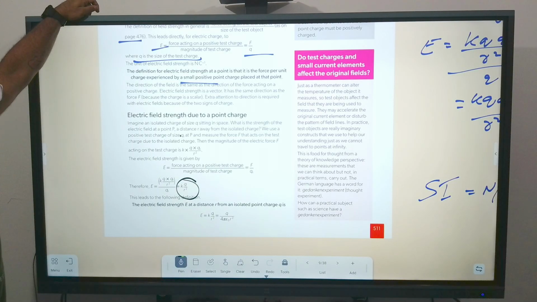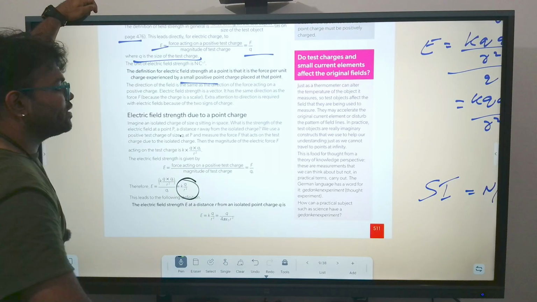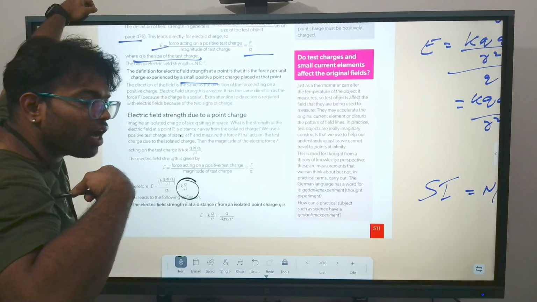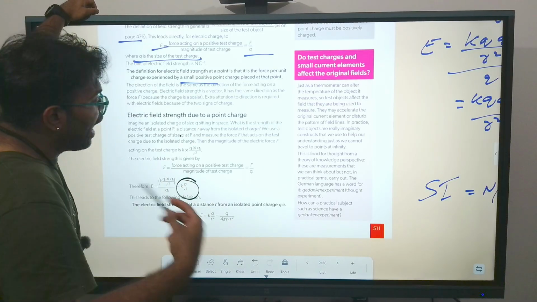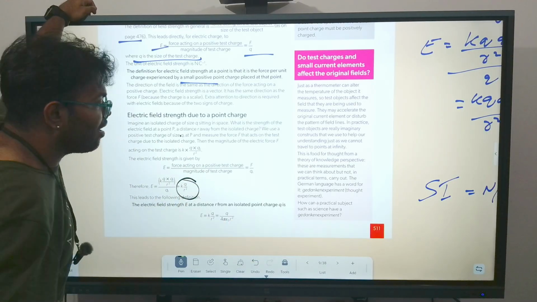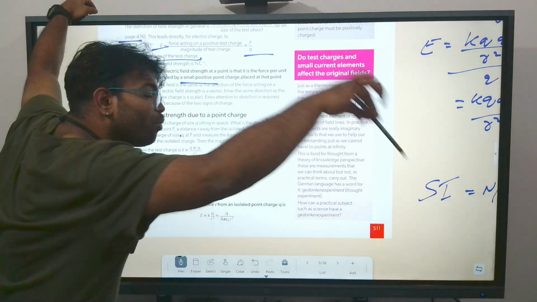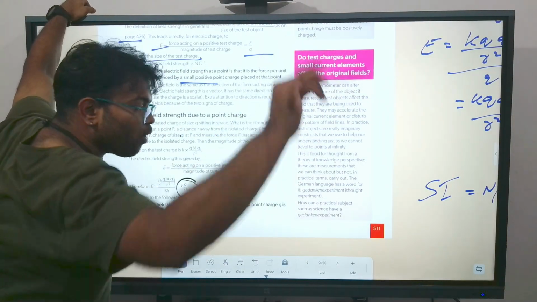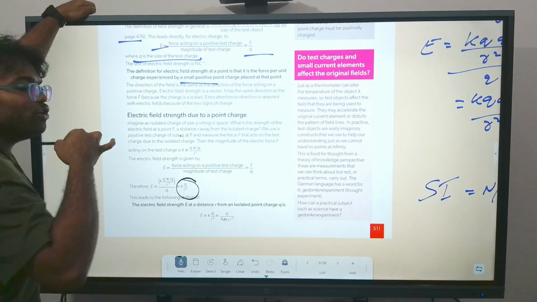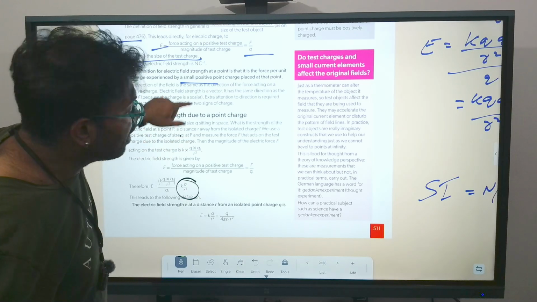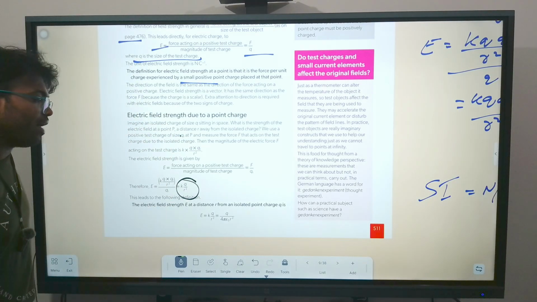Then the magnitude of the electric force F acting on the test charge becomes equal to what? kQqt upon r square, where Q is the charge of our own system and qt is the test charge. The electric field strength at that point is given as what? Force upon charge. So you divide your test charge from your original force formula and you will get kq upon r square.